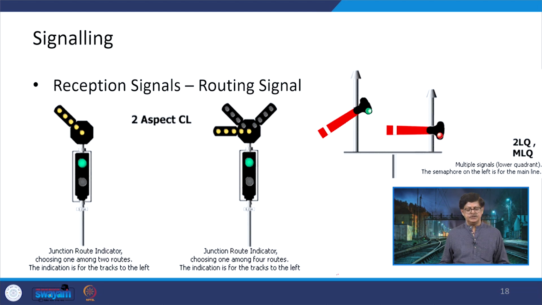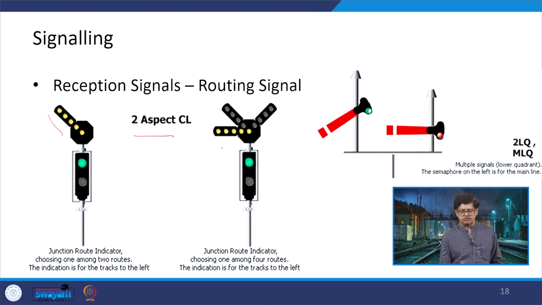Here you can see a 2 aspect color light system. There is an arm which tells which particular route is going to be taken. So, a route indicator is there. It chooses one among the 2 routes, and the indication is for the track on the left hand side. So, you can come and go on the left hand side track.